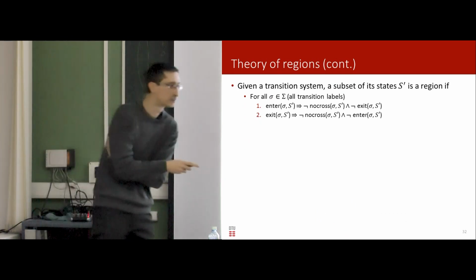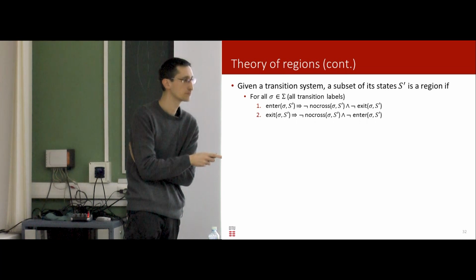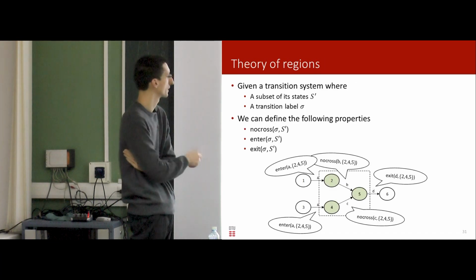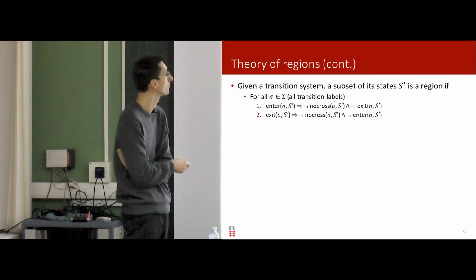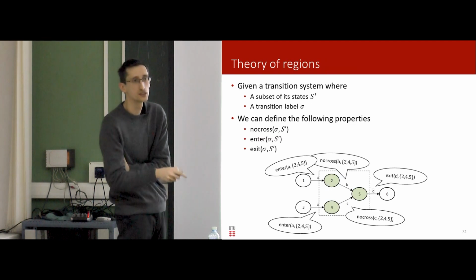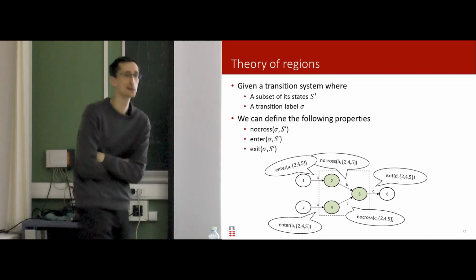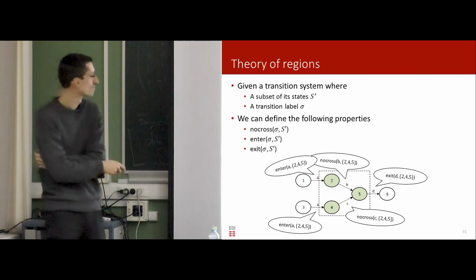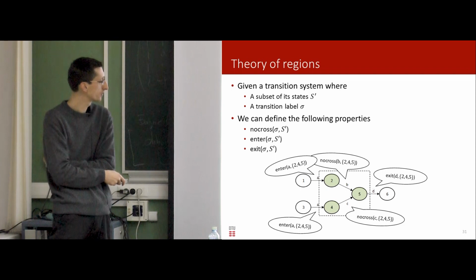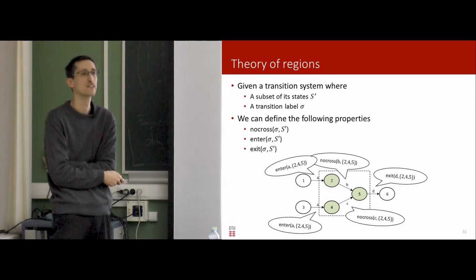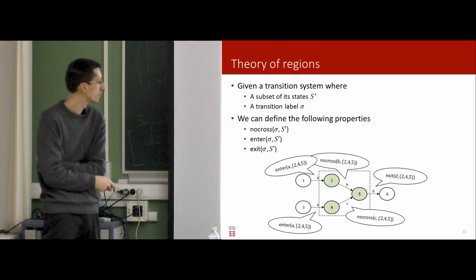Is it a minimal region? No, I'm just presenting the properties. Now I'm coming to the regions. Sorry, the previous slide: 3 enters 4. 3 is connected to 4 with a transition labeled A. So it enters, but why 2, 4, 5?